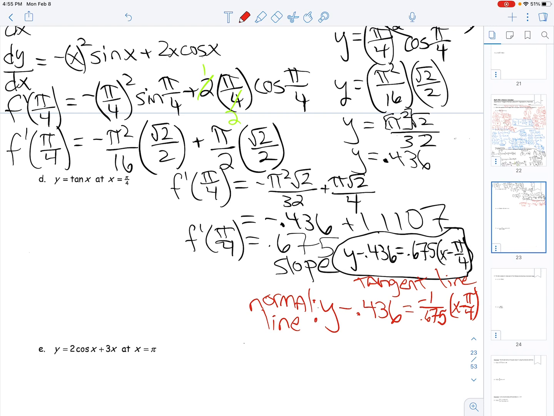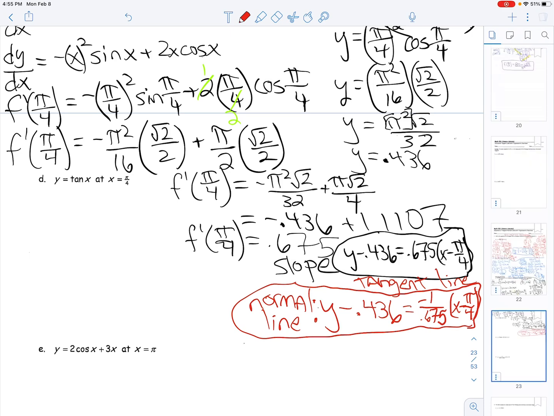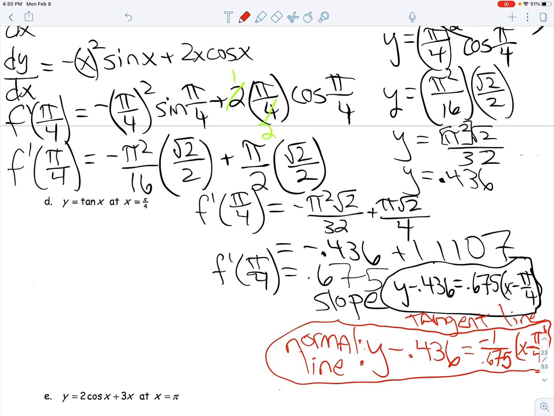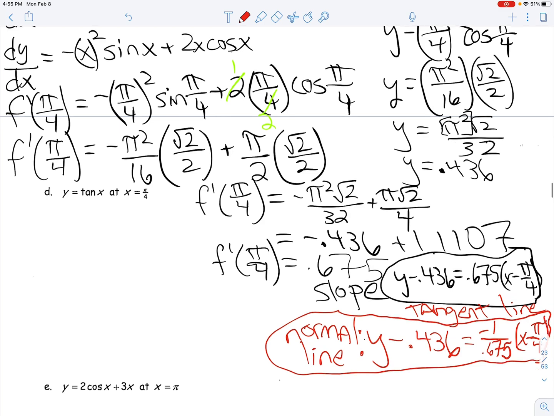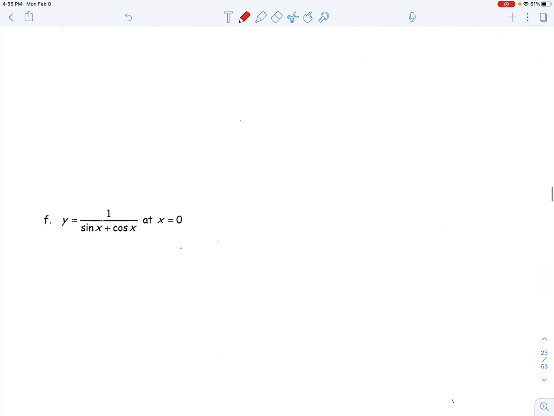I'll write it as negative 1 over 0.675, multiplied by x minus pi over 4. I might ask you that, the normal line. All you got to do is take the tangent line slope, negative reciprocal, because it goes through the same point of tangency.